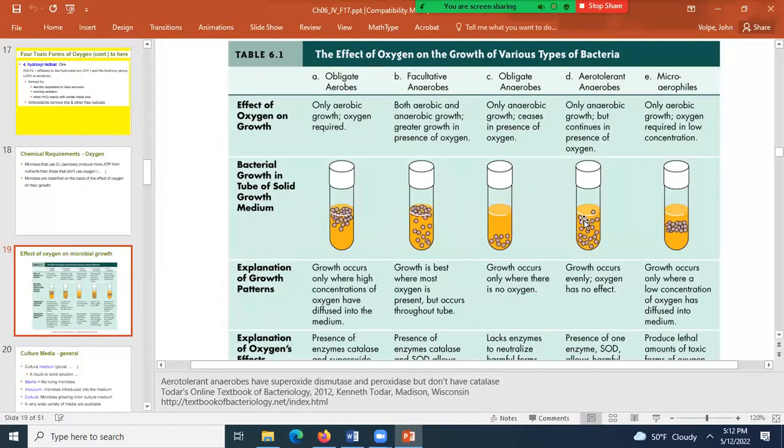So they can grow uniformly in the thioglycolate tube, meaning they can grow in the presence of oxygen, and they can grow just as well in the absence of oxygen because they are an anaerobe. Any question about any of that?